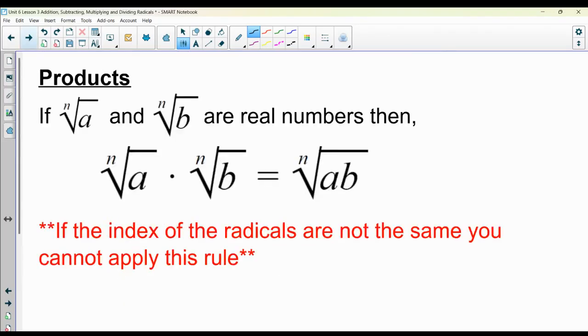Okay, let's add on to that. Products means that as long as their indexes are the same, you're allowed to multiply the radicands, the insides. So very similar to what we just did, except there's a step prior to.